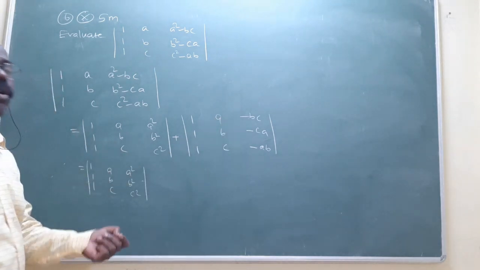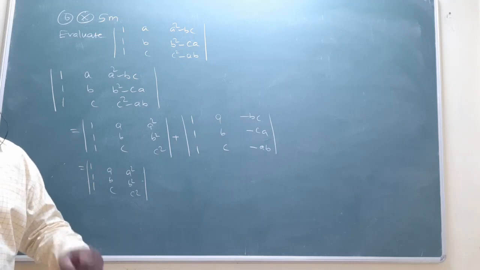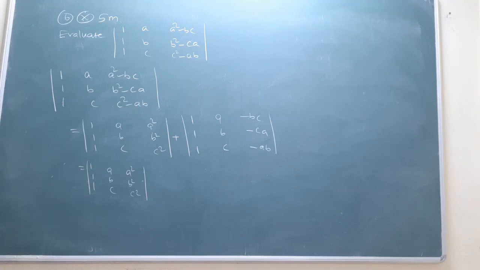Otherwise, if any one of the rows or columns has a common number, you can take it out. Actually, in matrices, if all the elements have a common number, or one number is multiplied, you will multiply all elements. But it doesn't mean that any one of the rows or columns having a common element.